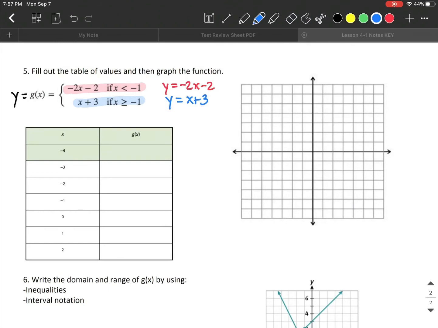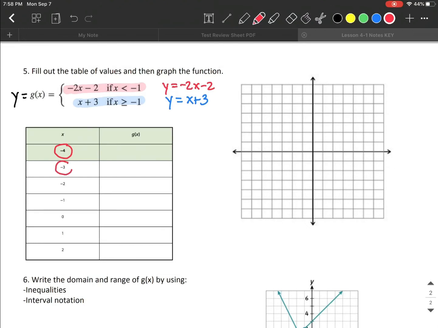To determine which equation I'm going to use, given the values in this table, I'm going to look at which interval they fall into. So for negative 4, I know that that is less than negative 1, which means it falls into the red piece. So I'm going to use the red equation for it. Negative 3 also falls into that interval, x is less than negative 1.